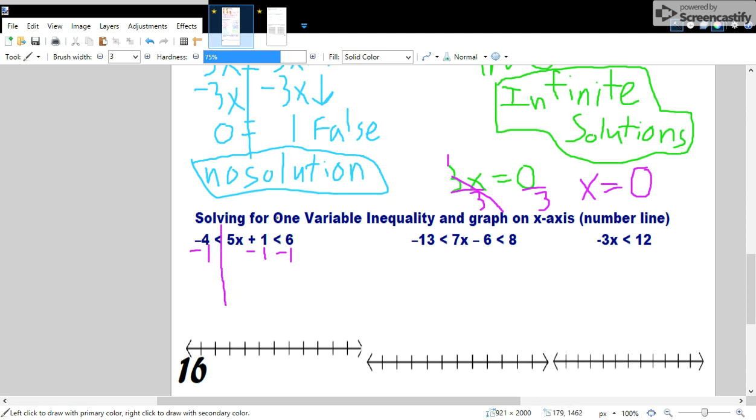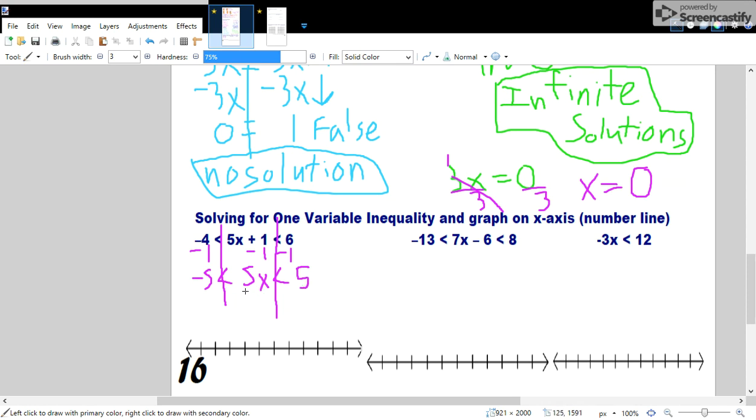So in this particular problem, we have 3 sides instead of just 2. So negative 4 minus 1 is negative 5. So negative 5 is less than 5x less than 5.